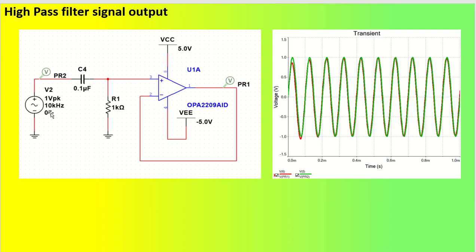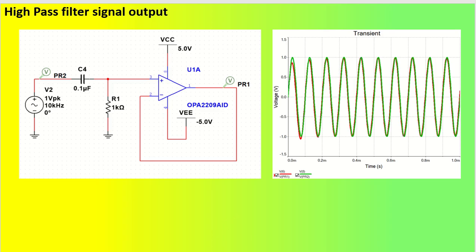This signal is going to go through this high pass filter, which is just 1.59 kilohertz, and what will happen? The green color is the input signal, probe 2, and the red signal is the output signal, which is almost following the input. That's the reason it is a good design.